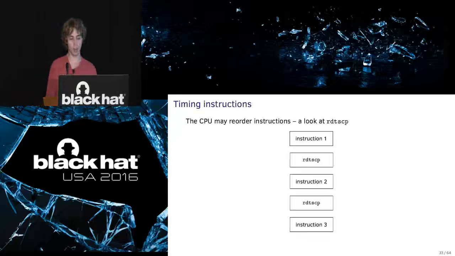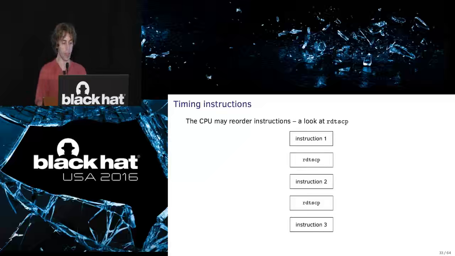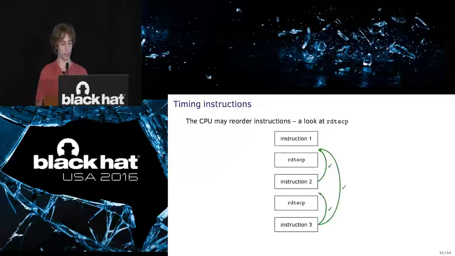If we look at a simple example with 3 different instructions, and we want to measure the middle instruction with RDTSCP, then the CPU is actually allowed to reorder the instructions like this. So instruction 2 may be executed before the RDTSCP, and instruction 3 may also be reordered to be executed in between or even before. And this is really bad because then we don't know what we actually measured. We measured something, but probably not what we wanted.